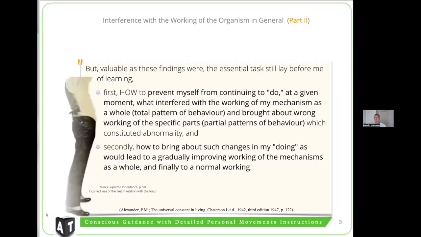The person, without knowing it, or in that case, if it's Alexander, knowing exactly what he's doing, is directing the movements of the parts. That way, we describe two possibilities. The direction of the movements of the parts can be habitual without knowing.